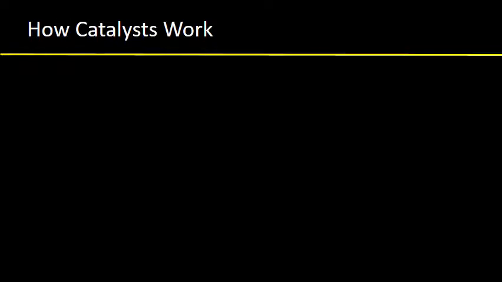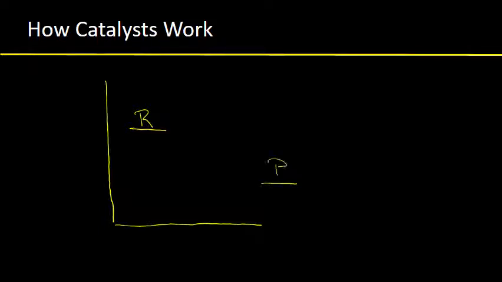All right, so first thing, how does a catalyst work? Remember, in one of our previous lectures, we plotted this reaction coordinate, in which we had our reactants here and our products here and energy on the y-axis.